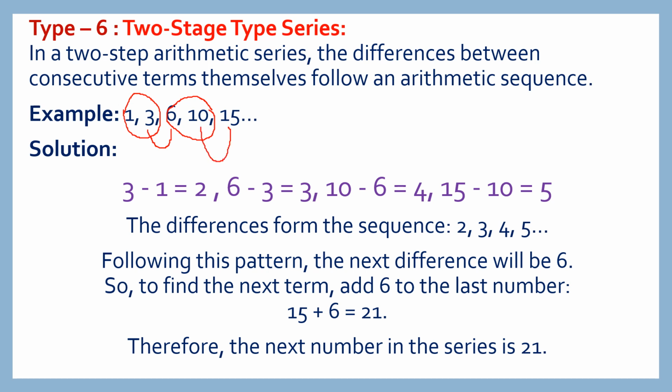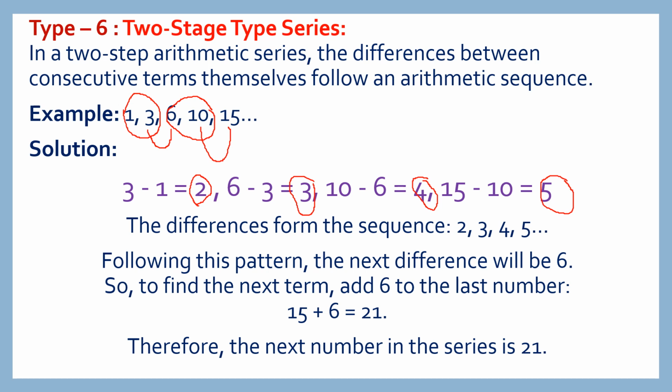See, the number is increasing: 2, 3, 4, and then 5. So the difference is changing here. It is not the same. So first thing is you have to look at the difference. So it is arithmetic series, that whenever the subtraction only comes, it is arithmetic.